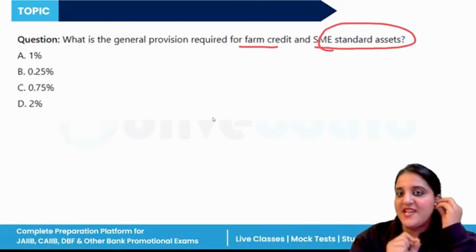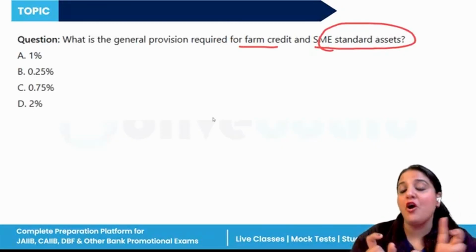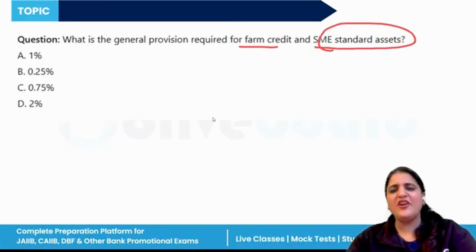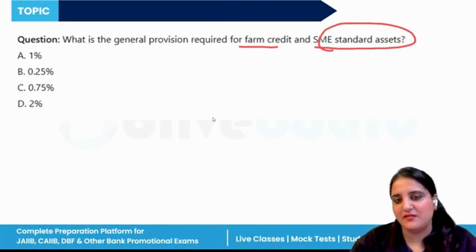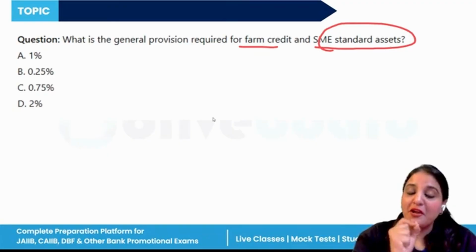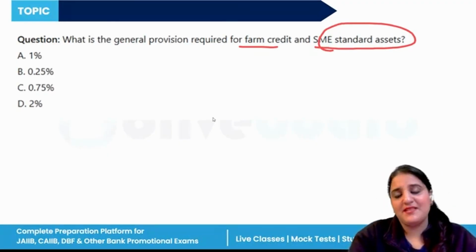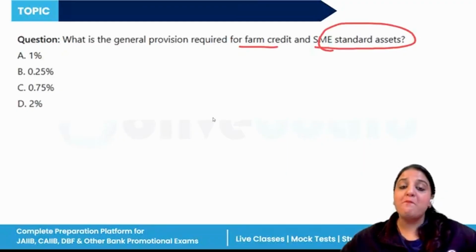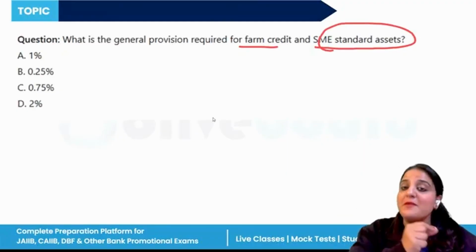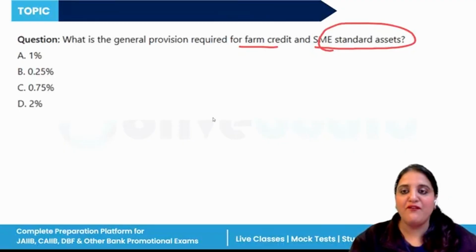But even for standard accounts, RBI requires banks to set aside a small provision to prepare for any type of unforeseen losses. Standard assets are those loans that are performing normally, in which interest and principal are being paid on time. So the bank must make general provisions for standard assets as a percentage of the funded outstanding.